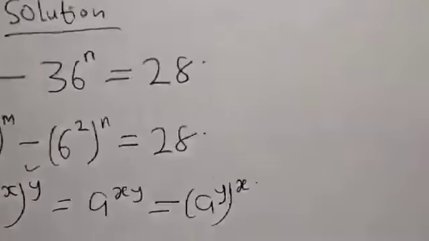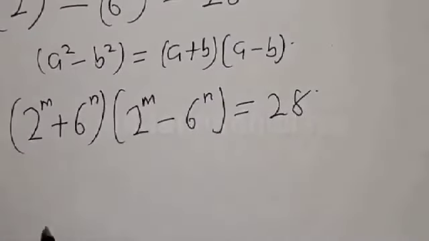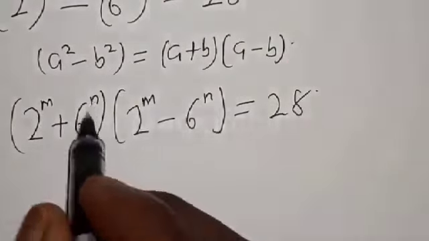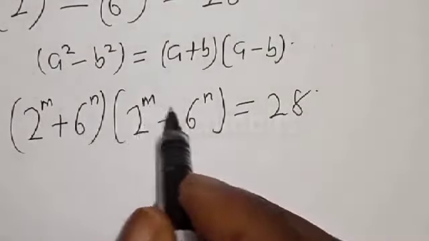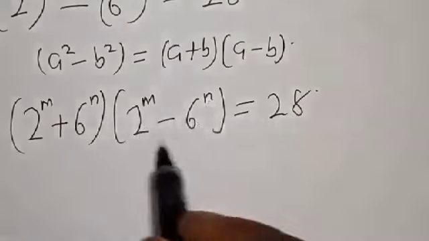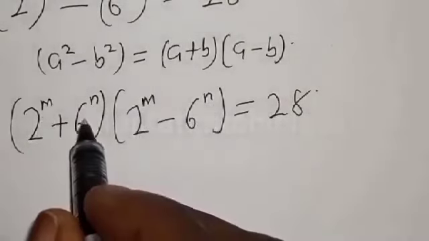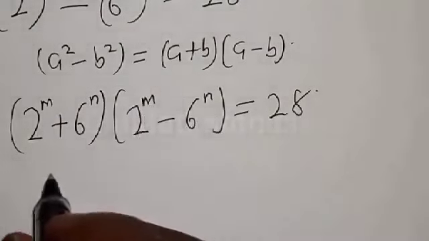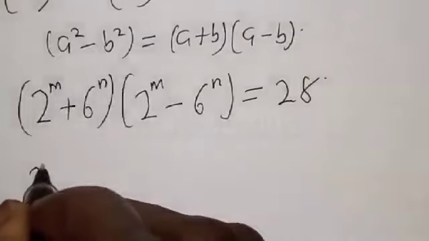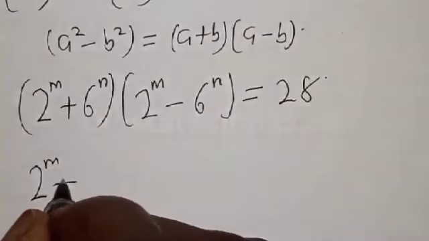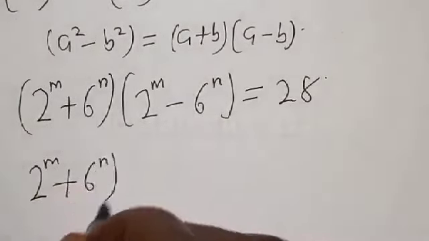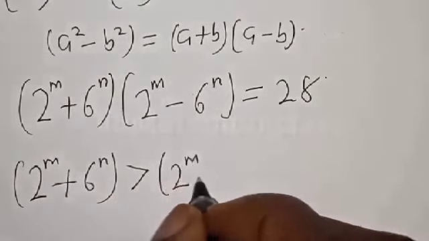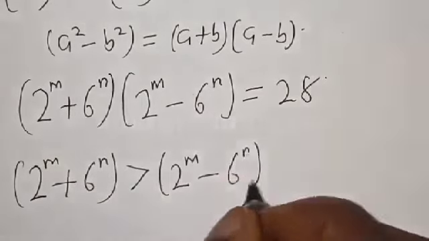We have 2^m plus 6^n, multiplied by 2^m minus 6^n. It means that 2^m plus 6^n is greater than 2^m minus 6^n.